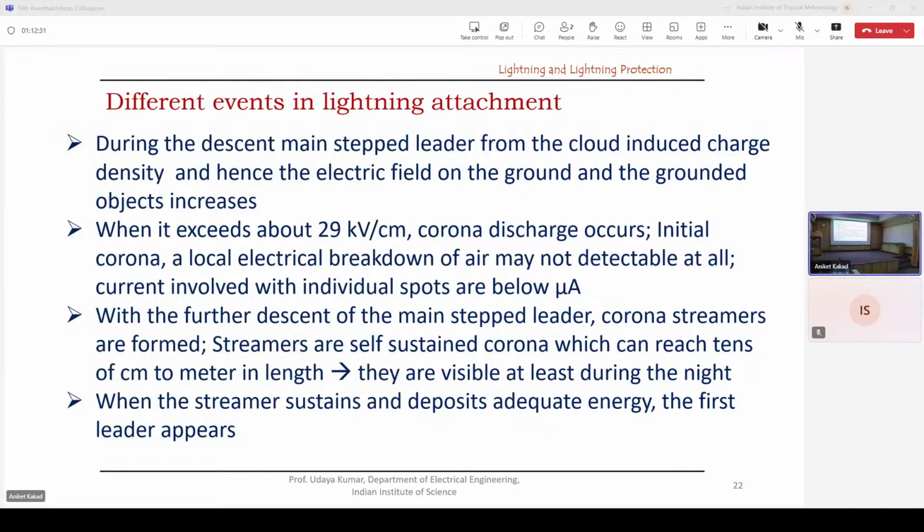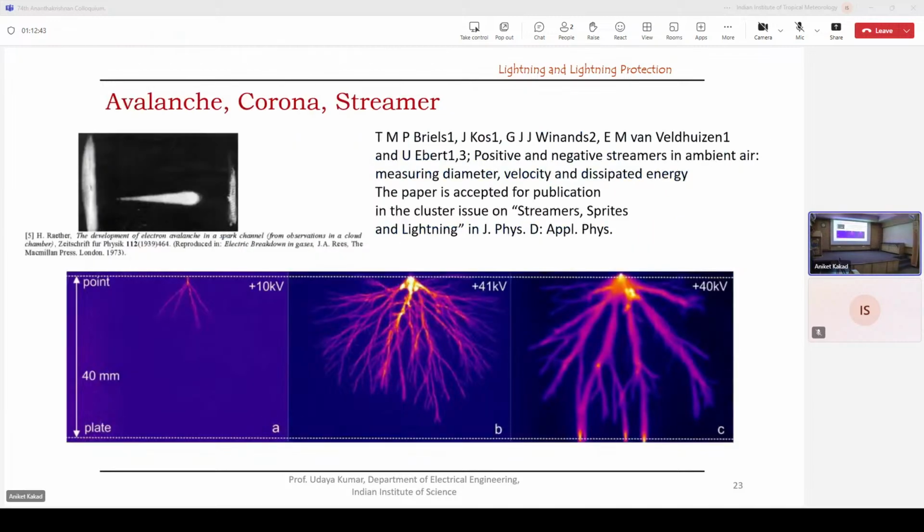Then after this comes the arc discharge, called leader discharge. Arc discharge is required because that is the self-sustaining discharge. So these mechanisms are involved in the attachment, which people ignore because of the need for simplicity. Just to give a picture of this, even though it's not from lightning phenomena, this initial micro discharge is called an electron avalanche, micrometers in size, then streamer discharge, not one but multiple streamer discharges within the same event, which is self-sustained.